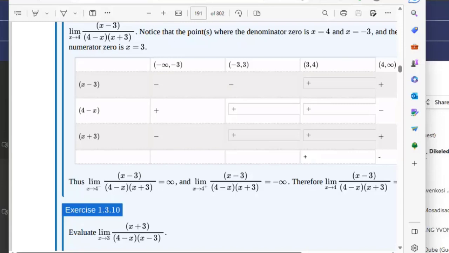Then X divided by (4 minus X)(X plus 3) is equal to plus infinity. The other one is minus 3 divided by (4 minus X)(X plus 3) is equal to minus infinity. I just use the signs, therefore giving a final answer of minus infinity. I want to know if the above is correct.